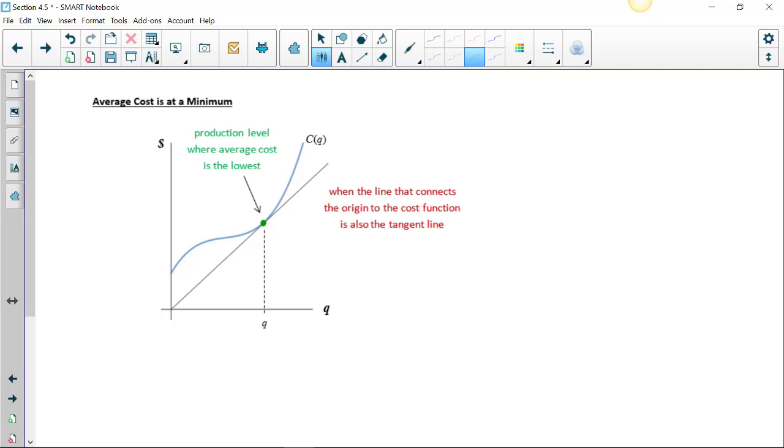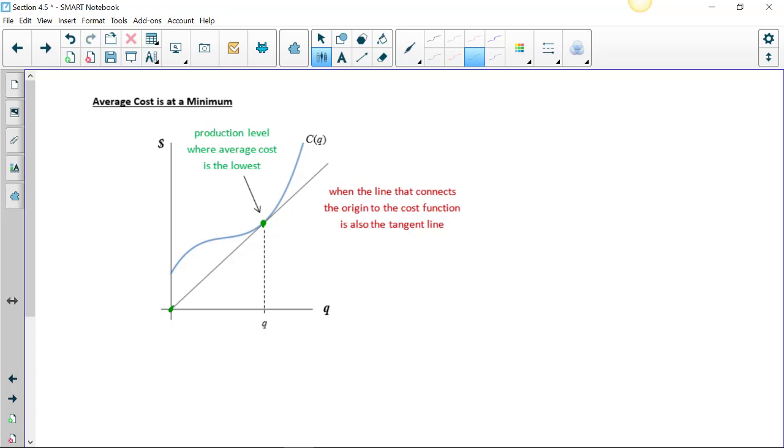That's what we're looking at. At this point, this is where the average cost is the lowest. There's the line that connects the origin to that point. That's my average cost. Notice that that line is also tangent to the cost curve at that point. So that's what we're looking for.